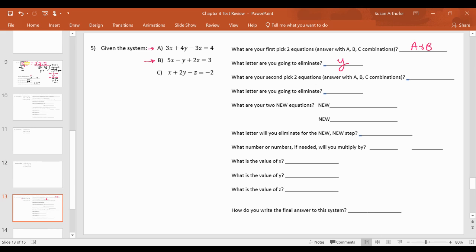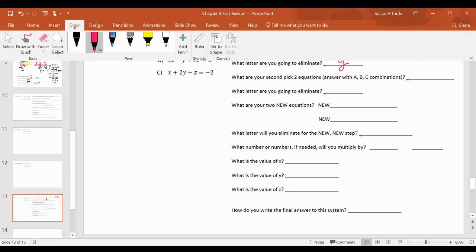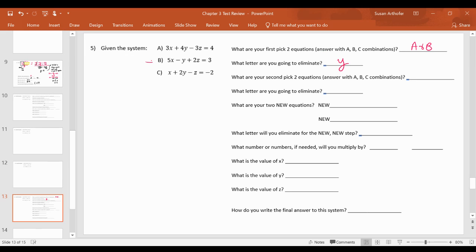And then I'm going to also use another combination, obviously, because you need to use 2. So the next combination, I'm going to use B again, and I'm going to go with B and C. And I have to get rid of Y again.